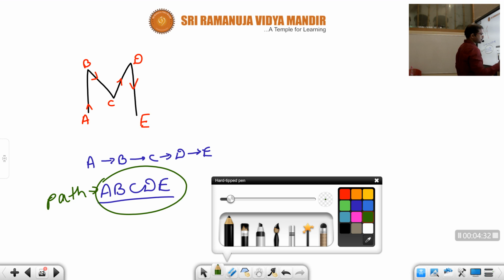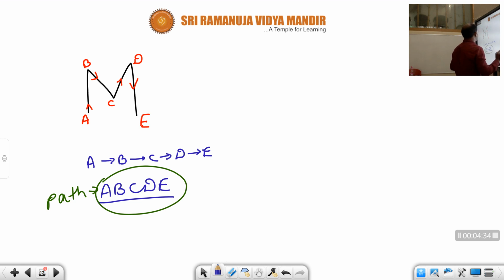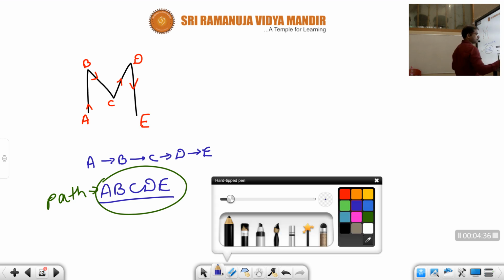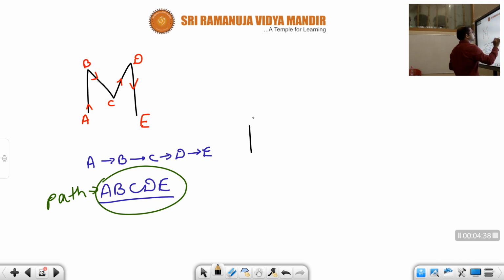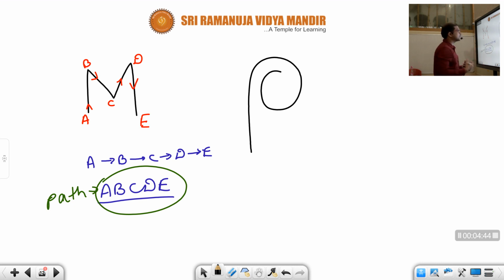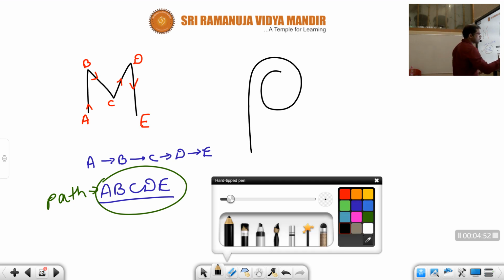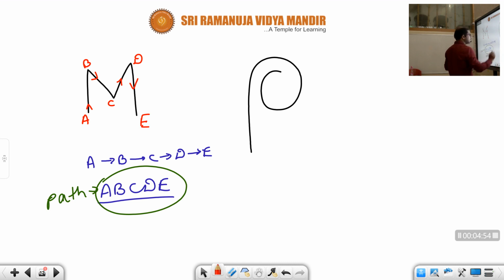Suppose you take another case. Let us consider a body moving like this, children. Some particle or an object containing some mass is moving like that. Let us identify the path and in which direction it is going.